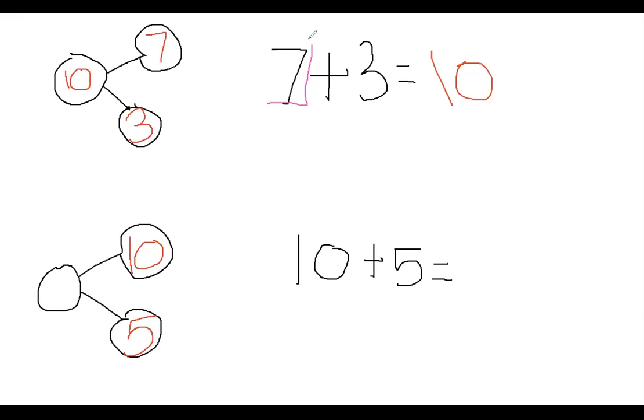Once again, the numbers in my pink box are my parts which create the equation. And my number in the orange gives me my answer. So what's going to go here? The answer. Dylan, can you tell me what 10 plus 5 is?